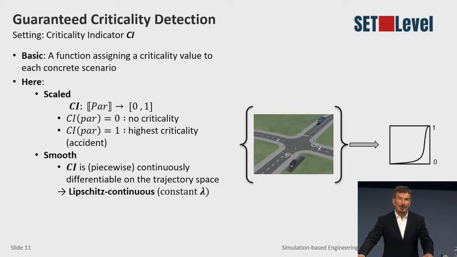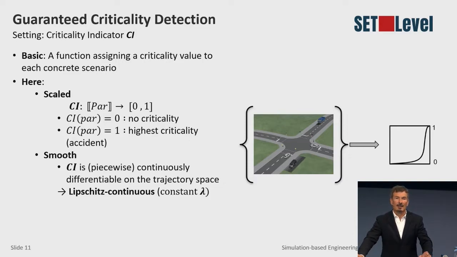In particular, first thing which comes to mind, our criticality indicator. If we want to give a guarantee that the high criticality is not overlooked, then this should not come as too much of a surprise to us.